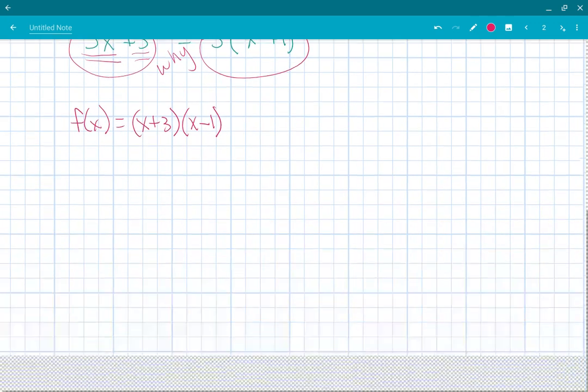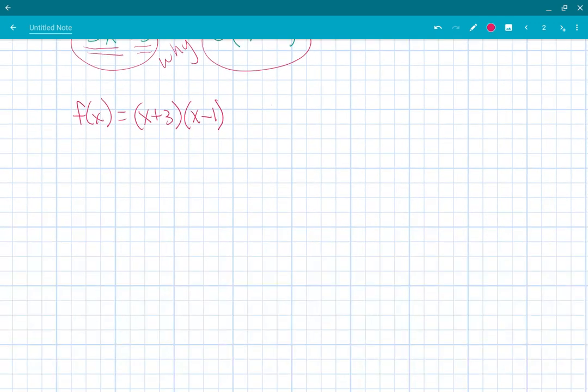Okay. Now, notice this does not look like this. It's not the same, right? So far, this is what you know, right? This is what we kind of know so far. For the one that we know, what is the vertex of this one?